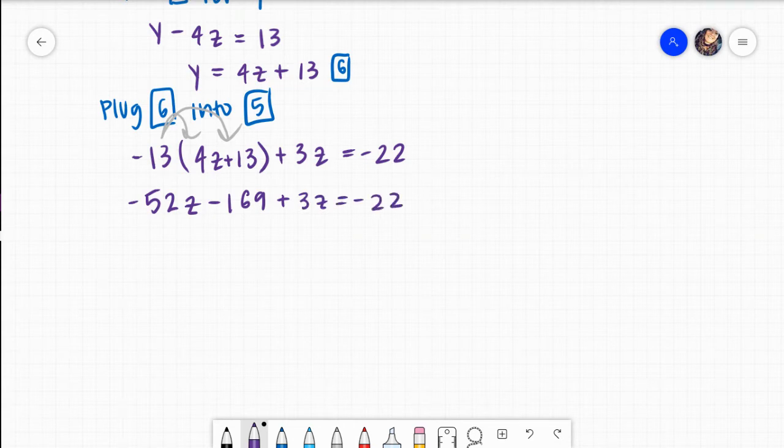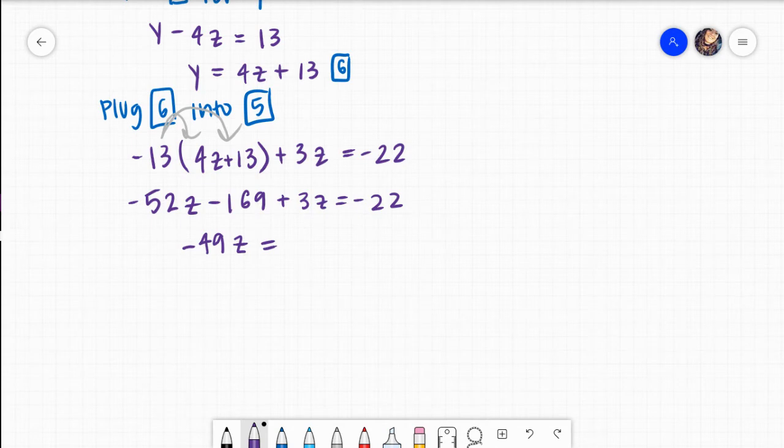Let's go ahead and combine like terms. I've got a negative 52z and a positive 3z. Because signs are different, what you do is you subtract, keep the sign of the larger, keep your variable, keep your exponent. That's a negative 49z, and a negative 169. I'm actually going to make it a positive 169 on both sides, right? Cancels on the left.